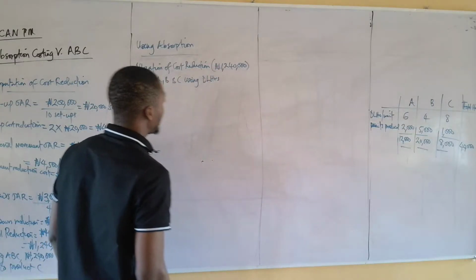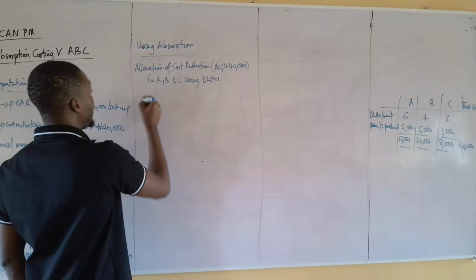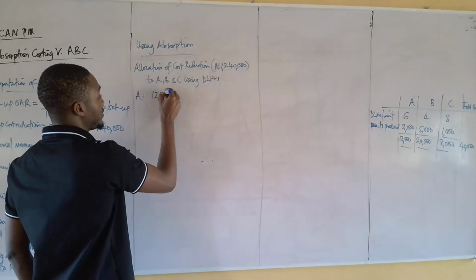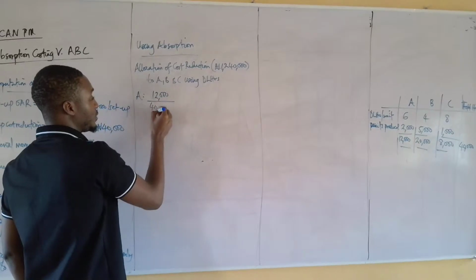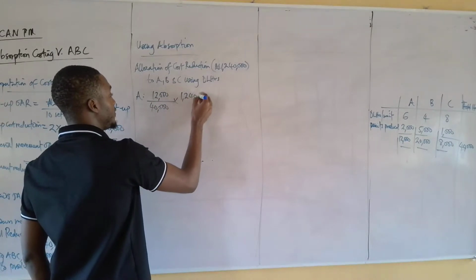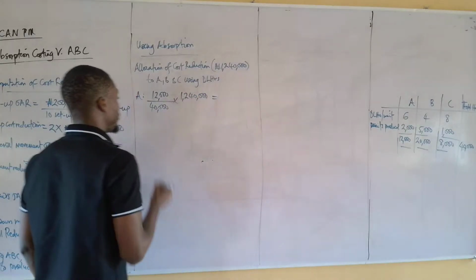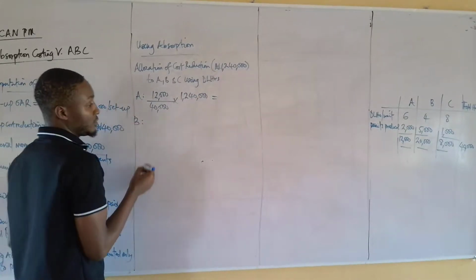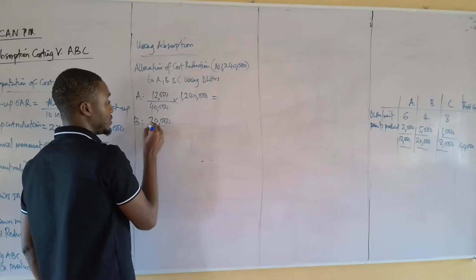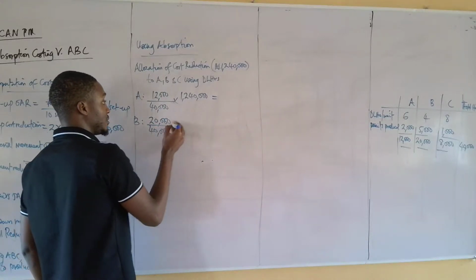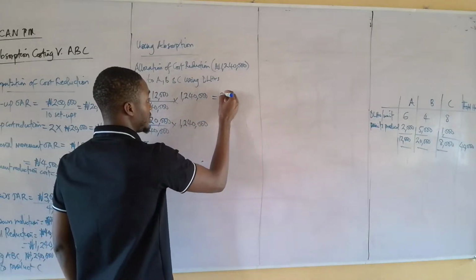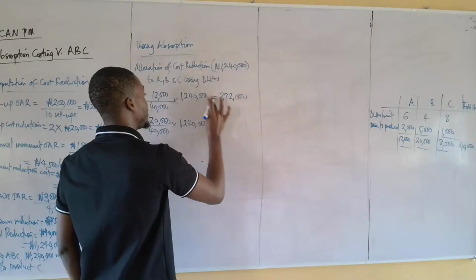So when we are allocating now, for A it will be 12,000 over the total hours, which is 40,000, times 1,240. Which should give us 372,000.